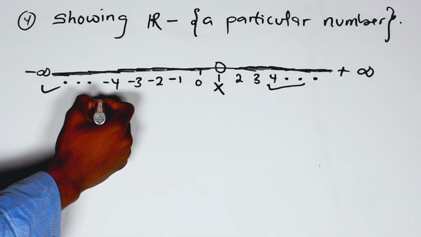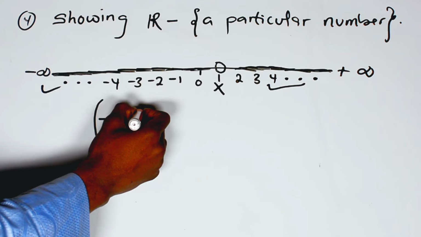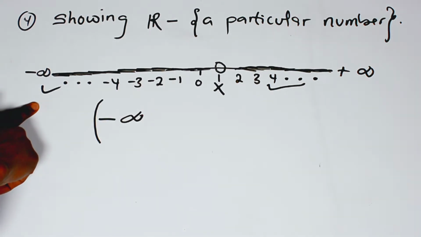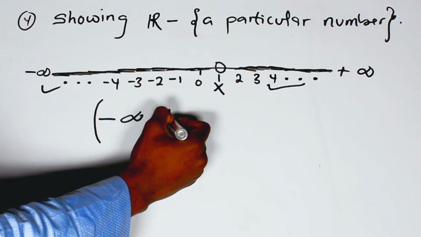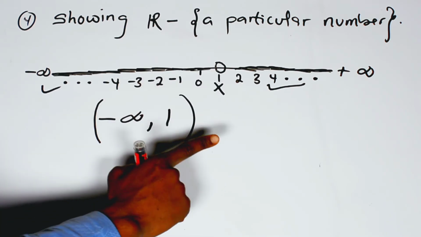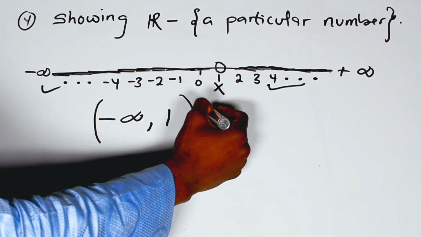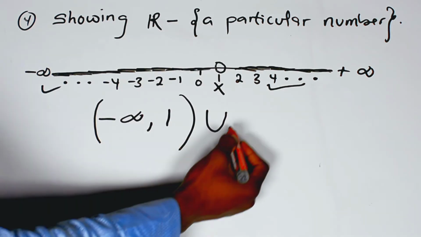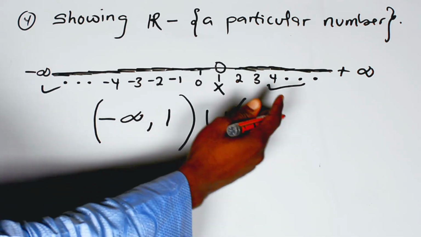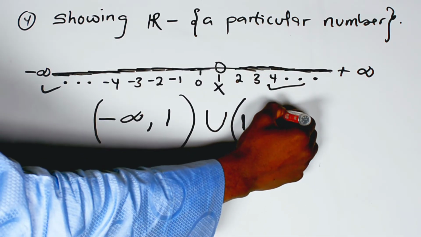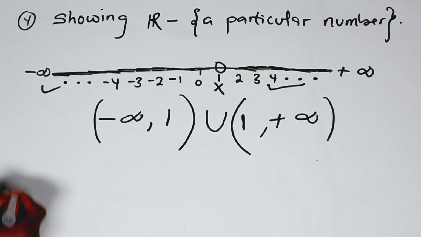So now to show this, we can write it as exclusively -infinity, then exclusively 1 from the negative side, then again union exclusively 1, then exclusively +infinity, this from the positive side.